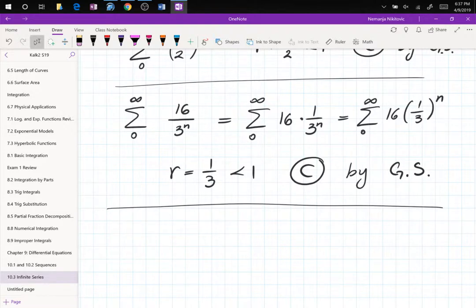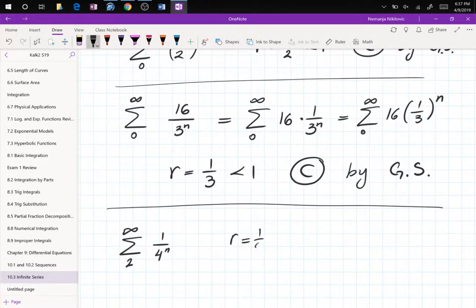And this problem says infinite series from 2 to infinity of 1 divided by 4 to the n. Okay. It's clear, hopefully, that r is 1/4, right?